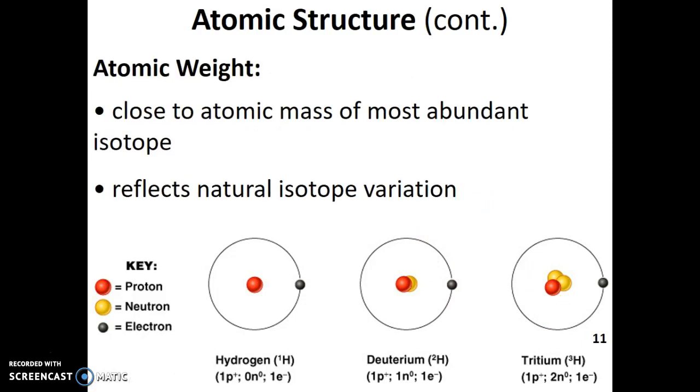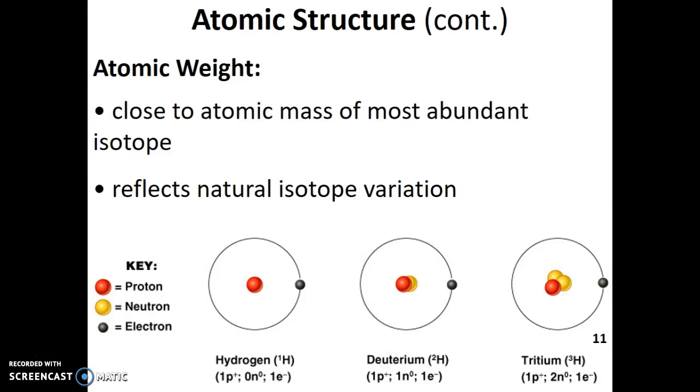So the mass number is actually an average of all of the isotopes of any given element. And so with hydrogen, the mass is like 1.001. The most common type of hydrogen is hydrogen with one proton and 1 electron.